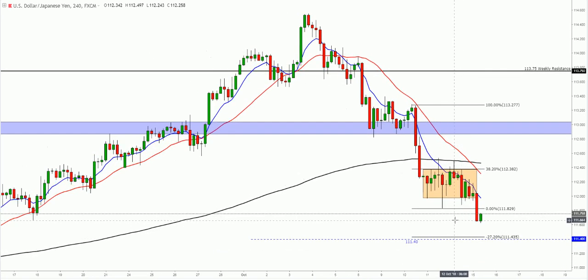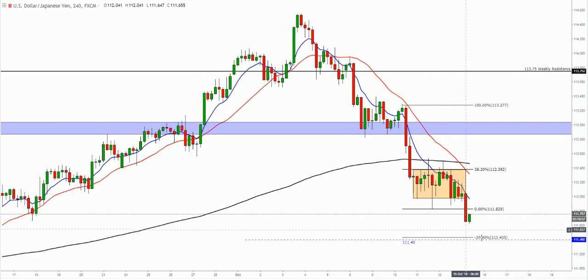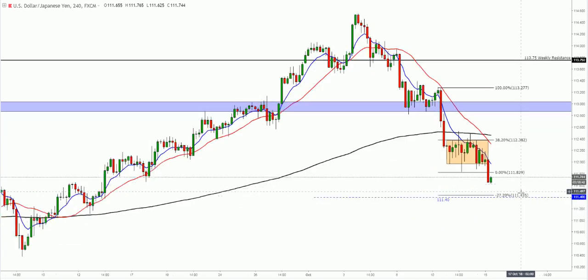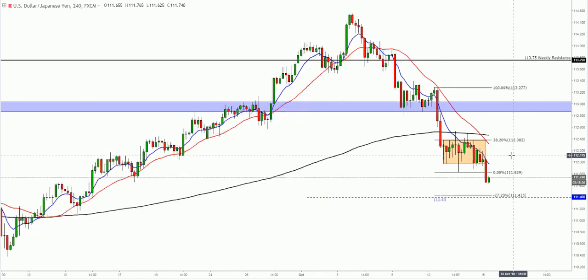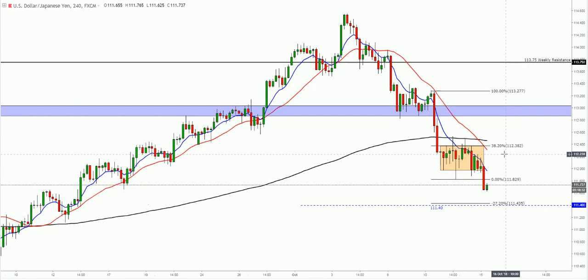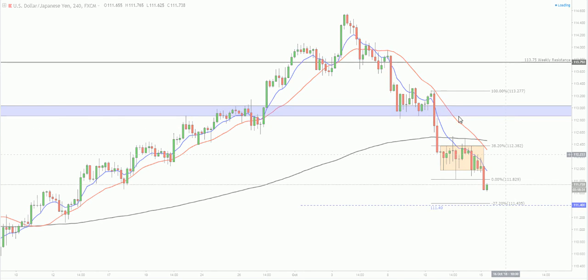As I've said, potential for some consolidation after meeting these targets, as we saw here. We can see further consolidation as the moving averages flatten and converge, ready for the upside crossover. Not guaranteeing that we will get the upside crossover, however, that's just my bias. That's what I believe we will be seeing here on this pair.